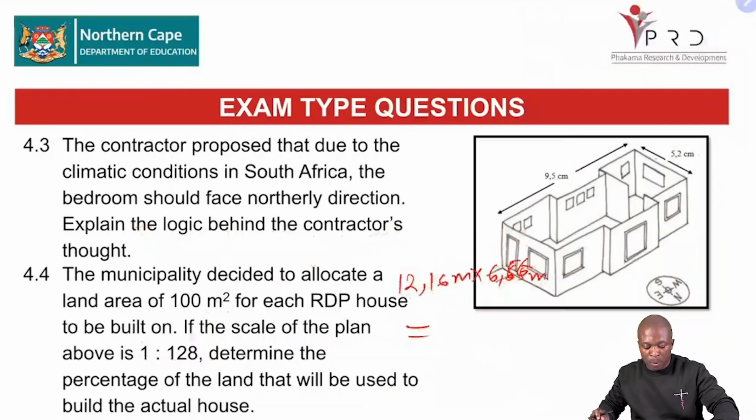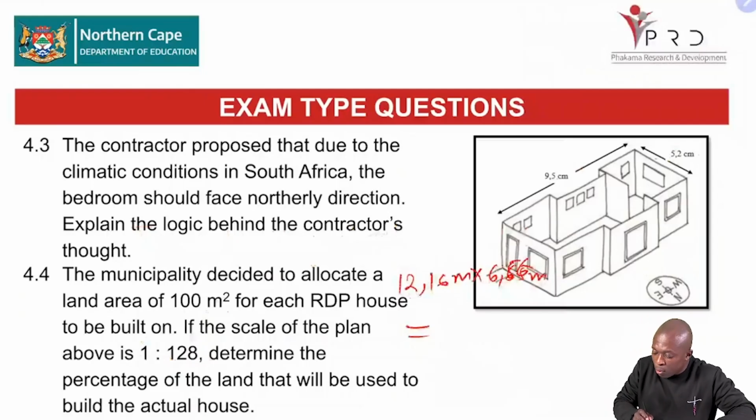So we multiply the two together, 12.16 multiplied by 6.65. What are we going to get here? So our answer is 79.7696. Roughly, that should give us about 80 meters squared.